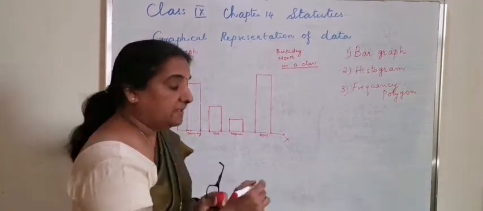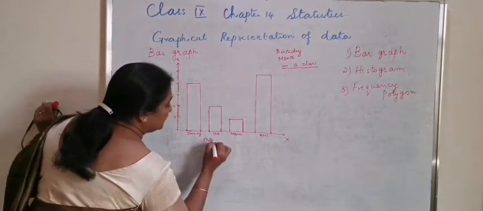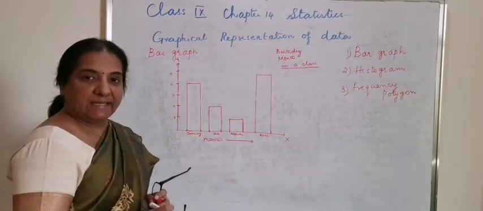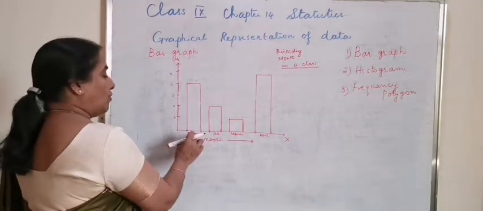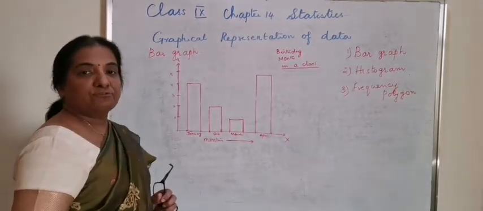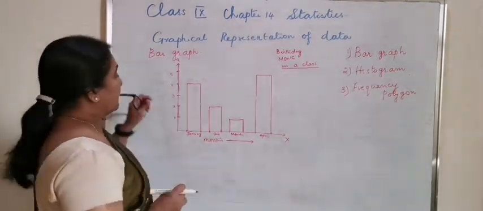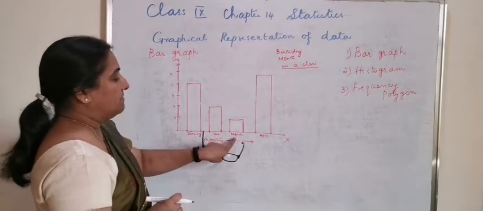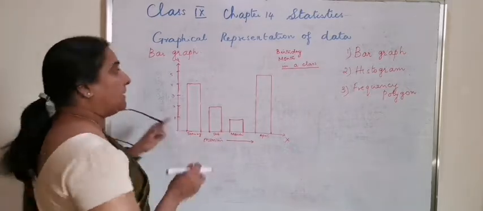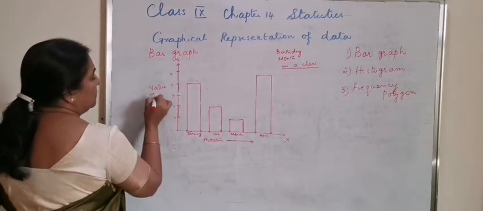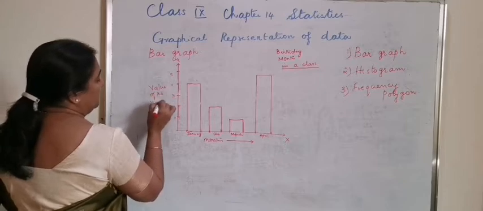So the variable here is the month that is marked along the x-axis, and the value of the variable, that is the number of children whose birthdays fall in the month of January, February, March and April, will be marked on the y-axis.